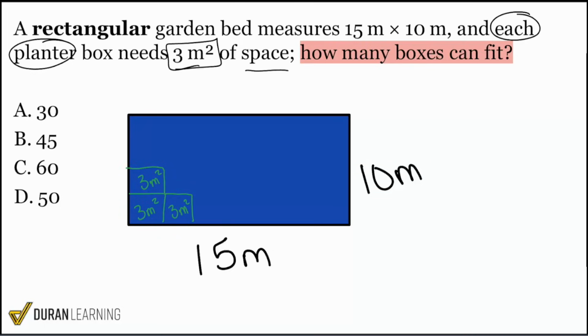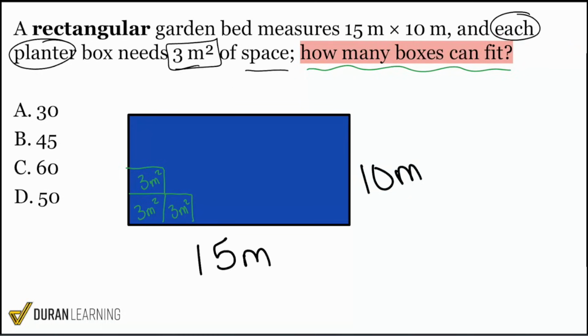Everybody, what's the key word in this red highlighted text over there? What's the key word that I really want to underline to give myself an idea of what operation we need to do? Which of these words in the red highlight specifically should I circle? Yeah, the word fit.